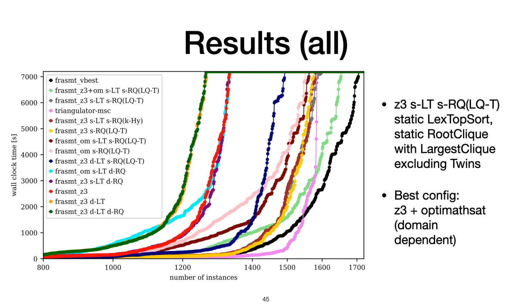The virtual best configuration solves even 1,706 instances. When we compare this with the well-performing solver Triangulator MSC, so Triangulator solves about 1,500 instances on our instance set. In contrast, we solve about 100 instances more.